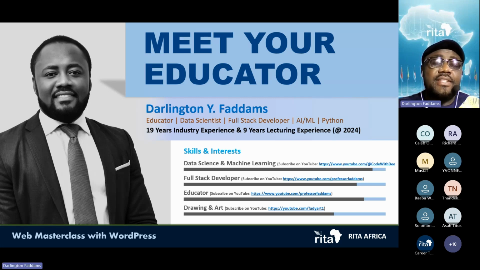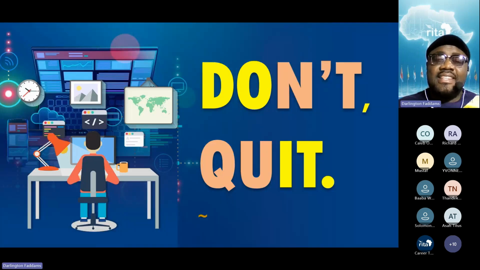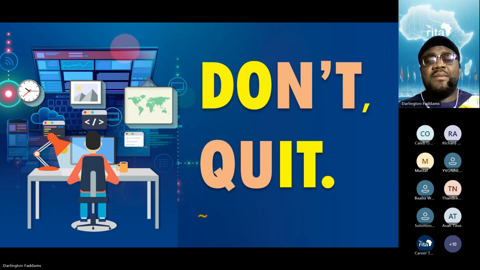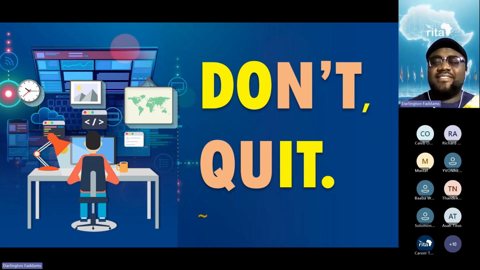I have a quick message for you. After this message, we'll delve right into the lesson. This message is very simple, but so powerful. It says, don't quit, do it. I like how don't quit can also tell you to do it.